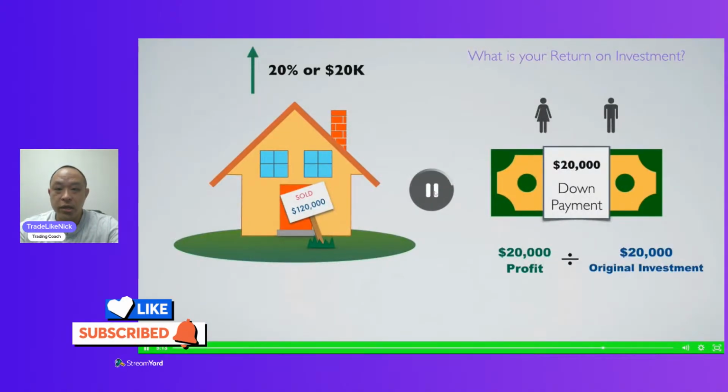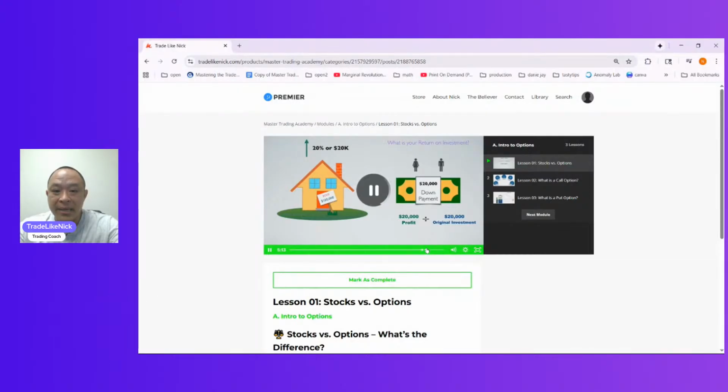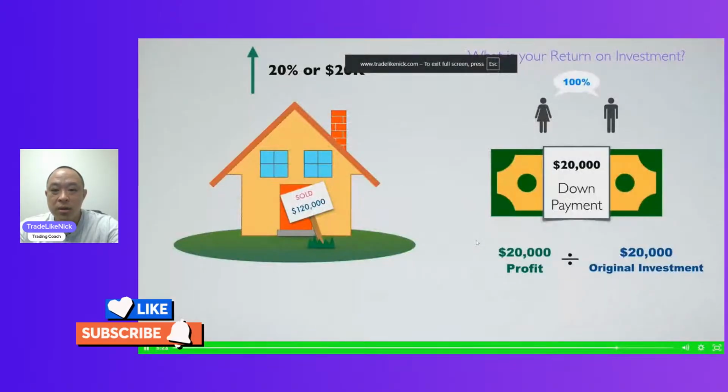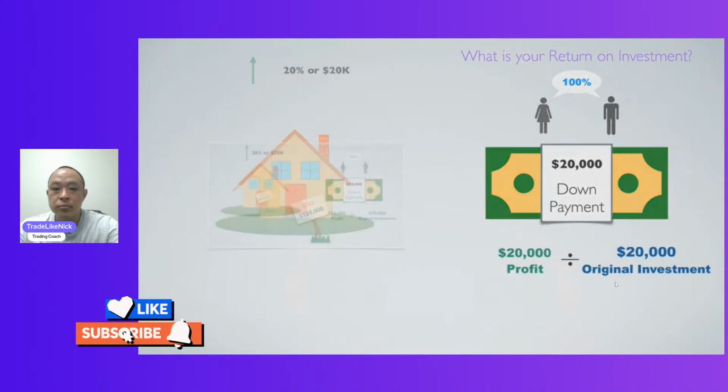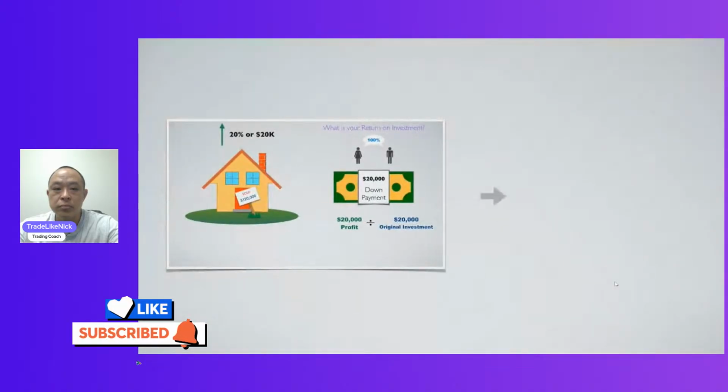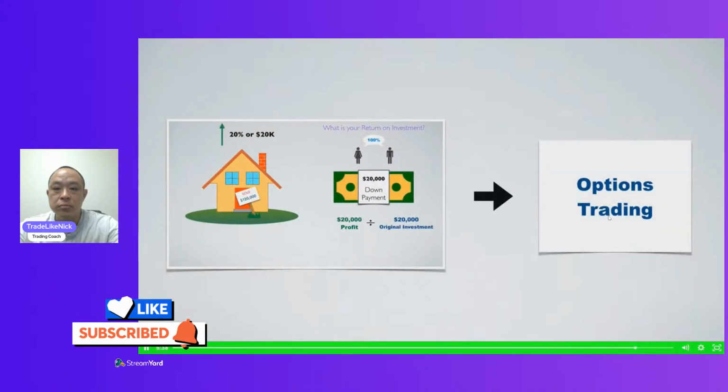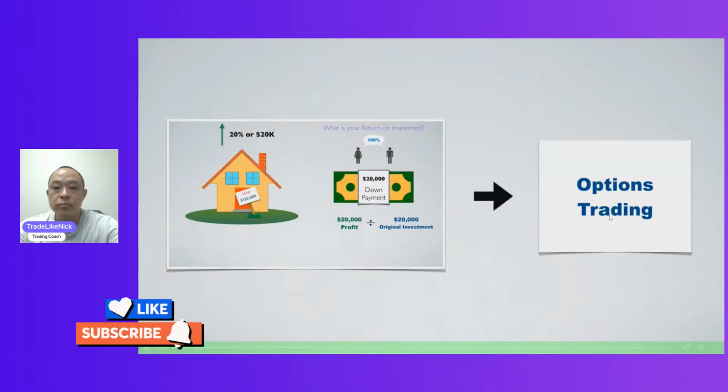So that is basically equal to 100%. As you can see, using leverage magnifies your returns by allowing you to control a large asset for a fraction of the cost. You can use this power of leverage when trading options, but you'll learn more about this in more detail in the videos to come.